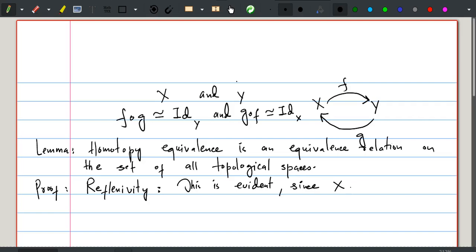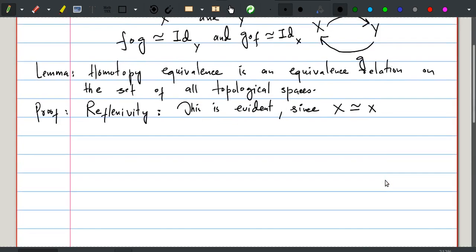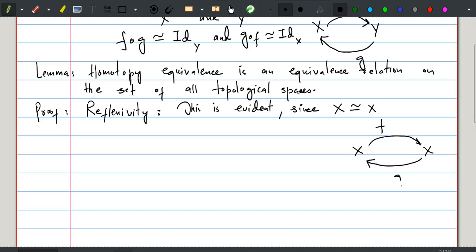X is equivalent to X. This is because, to prove this, we have to exhibit these two maps F and G, for which these two expressions over here are true. So if we have X over here and X over here, then we have to exhibit these two maps, say F and G.